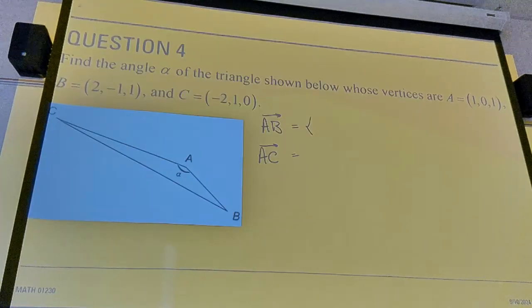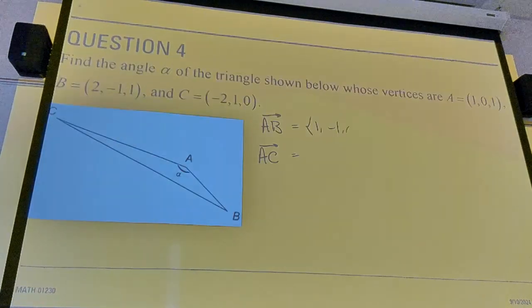So what is AB? Component form for AB. You subtract the initial point from the terminal point to get, for AB, 1, negative 1, 0.